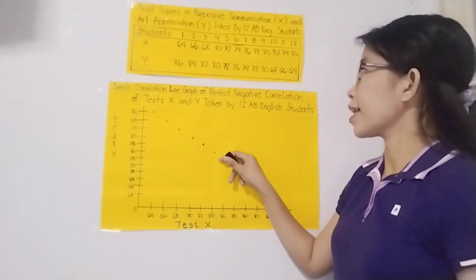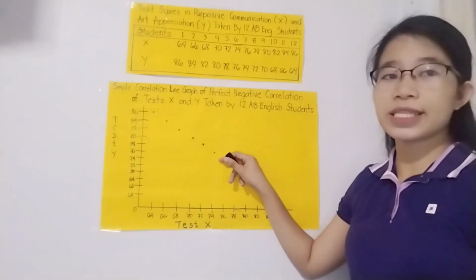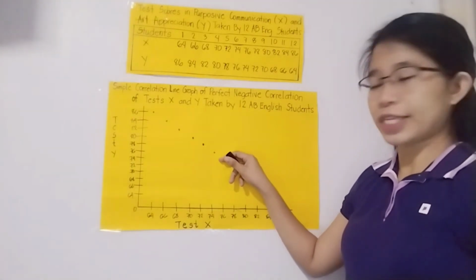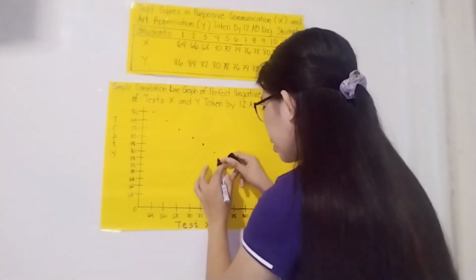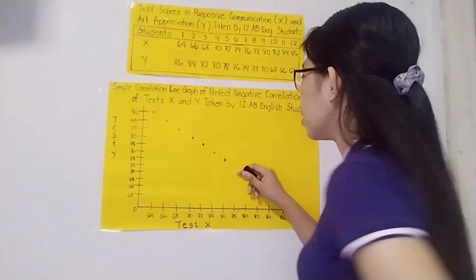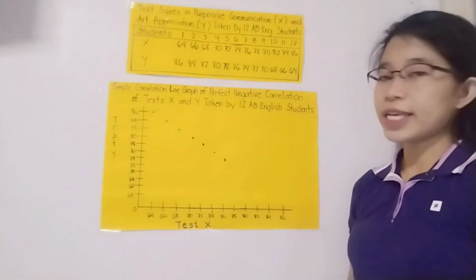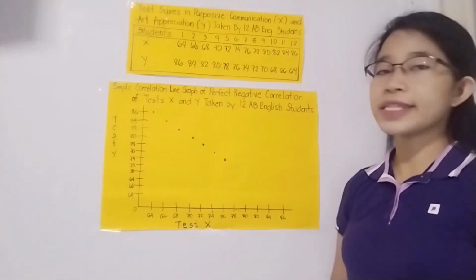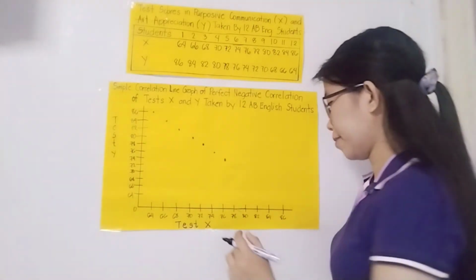Student 7 got the score of 76 in test x and 74 in test y. Student 8 got the score of 78 in test x and 72 in test y.